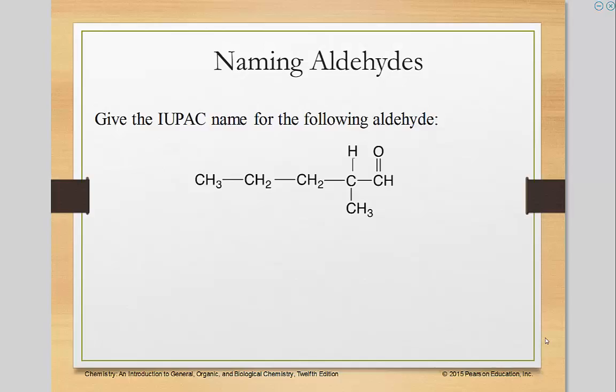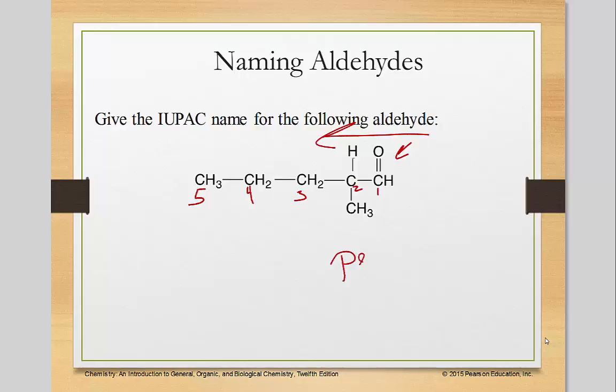So let's name something. Here we always start with the double bonded oxygen and go in the direction away from it. This is at the end. The double bonded oxygen is at the end. That's how I know it's an aldehyde. Even if it didn't say the word aldehyde, I would know it's an aldehyde because it's at the end. 1, 2, 3, 4, 5. 5 is pent.